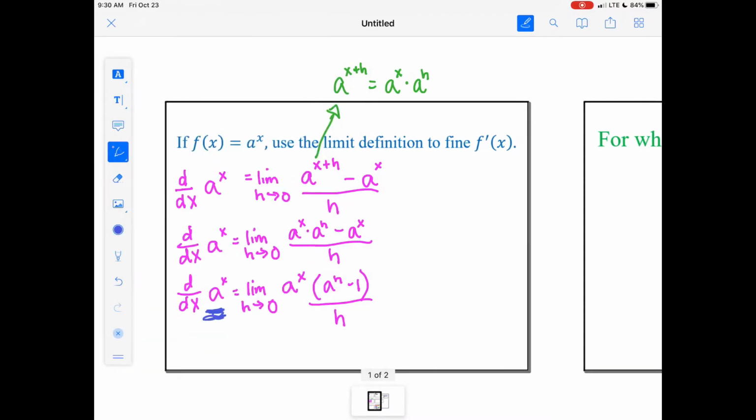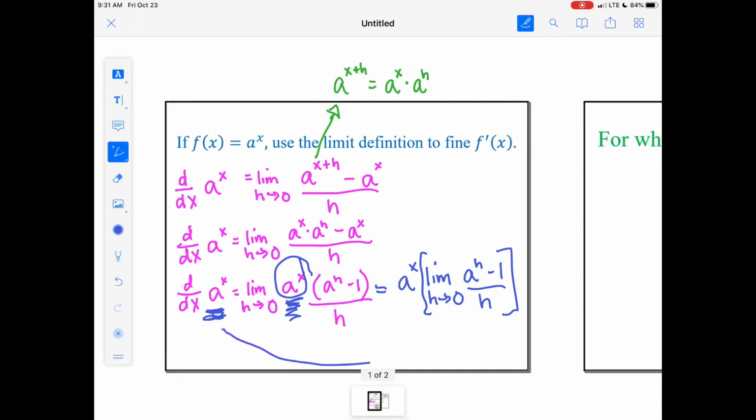I just mean that this a to the x, its derivative is a to the x times the rest of this, meaning I could write this just like so, since this a to the x right here doesn't really have any bearing on h approaching 0, so I could just pull it out and say that it's a to the x times this business.